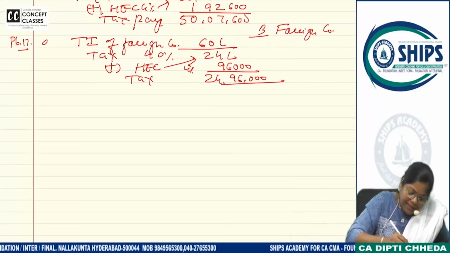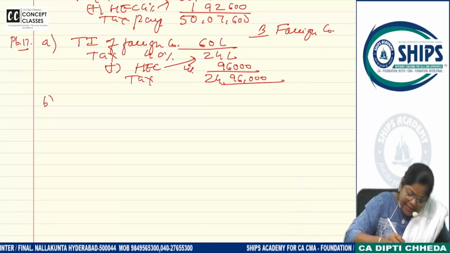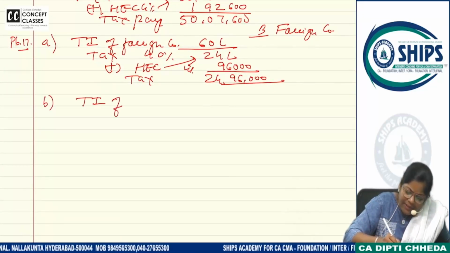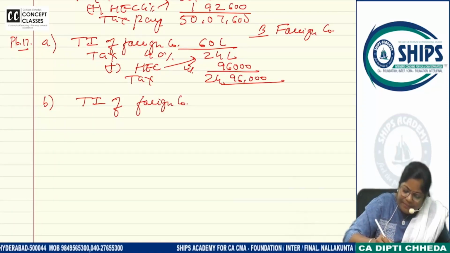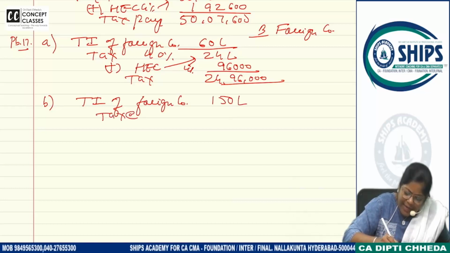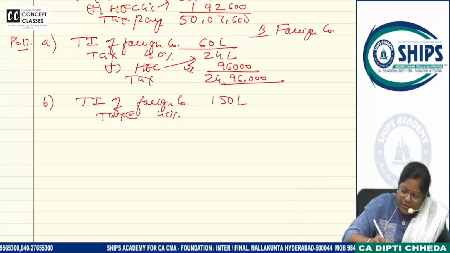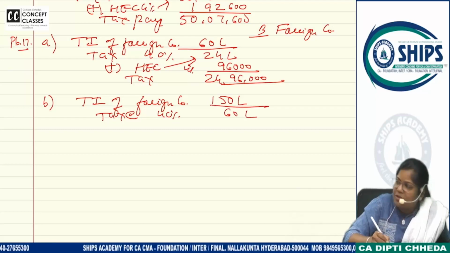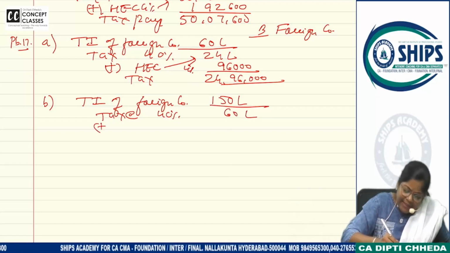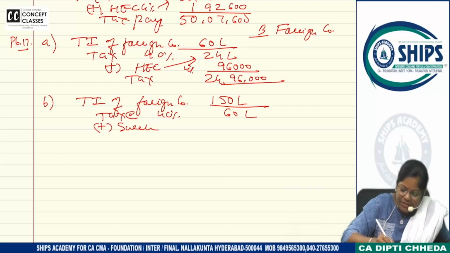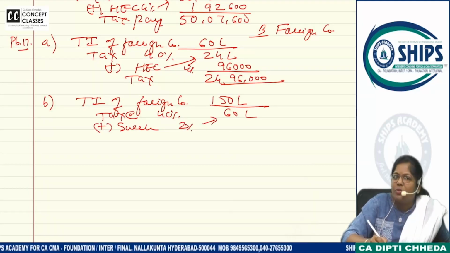Chalo. This is 17th A, 17th B. What is the total income of foreign company? 150 lakhs. So tax thereon is how much? 40%. That comes to how much? 60 lakhs. Will I take surcharge? For foreign company, how much is the surcharge? 2%.